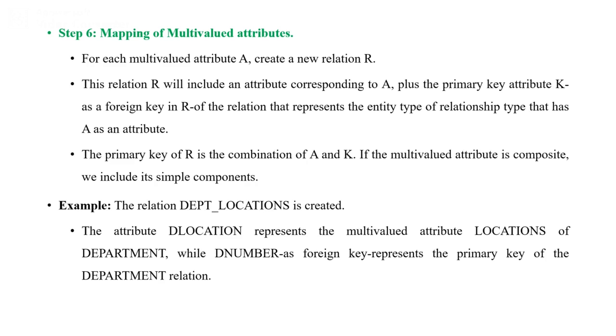If I write both together, that is department number as well as department location. So why? Because department location is the multi-valued attribute, but department number is not a multi-valued attribute.